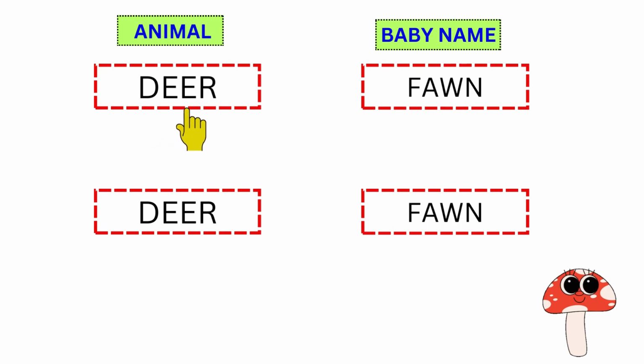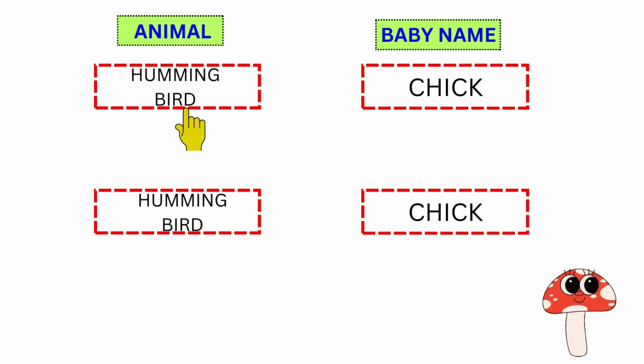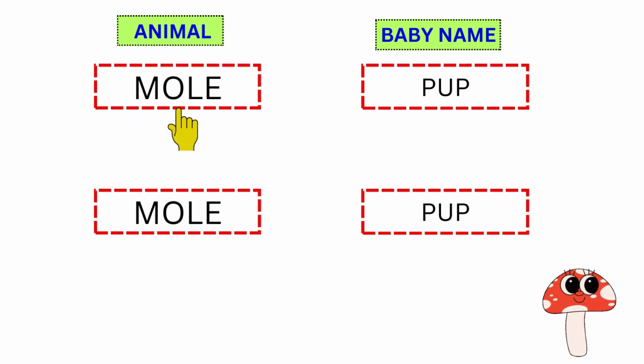Deer, fawn, deer, fawn. Platypus, platypup, platypus, platypup. Hummingbird, chick, hummingbird, chick. Mole, pup, mole, pup.